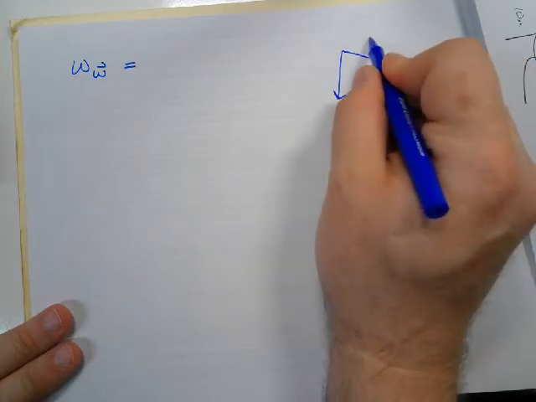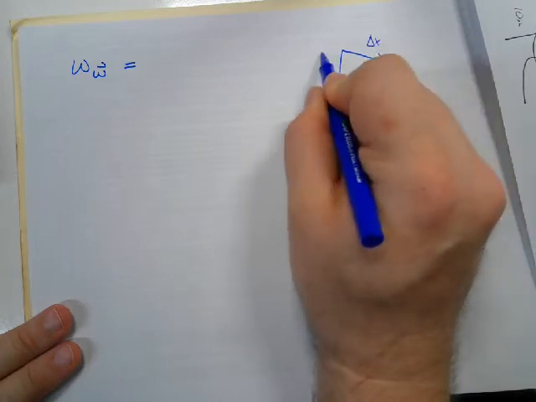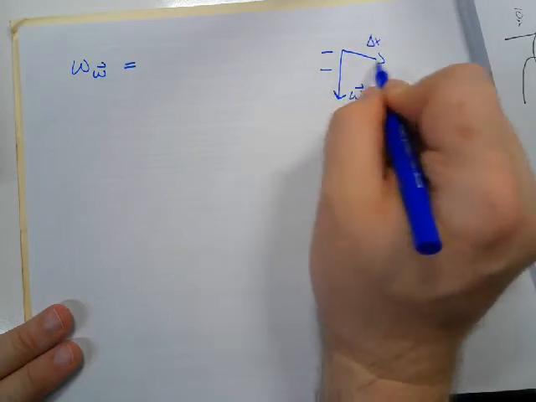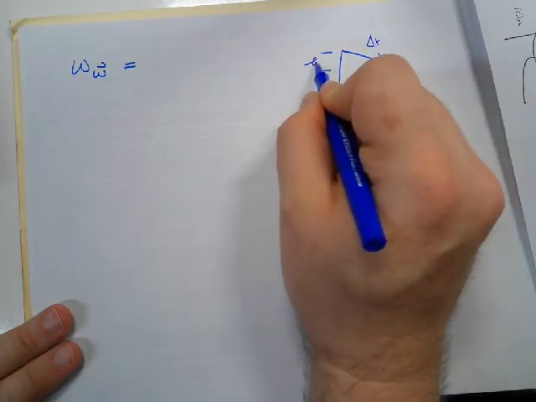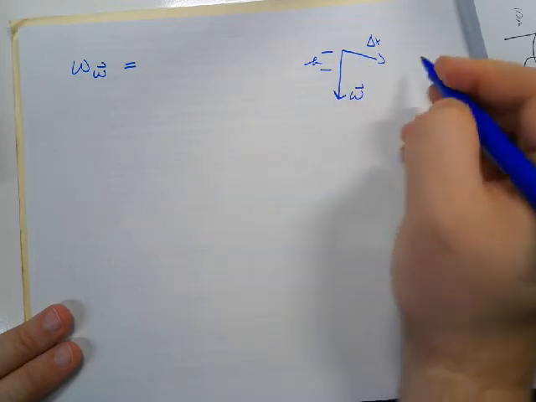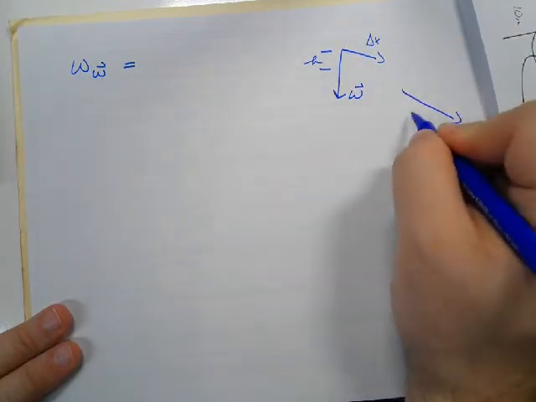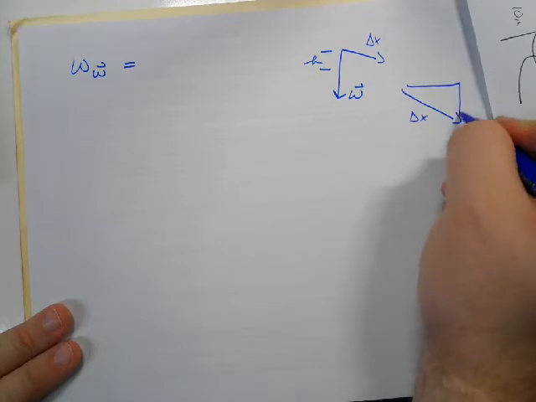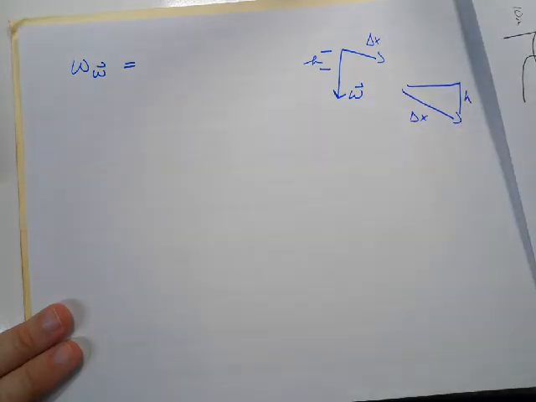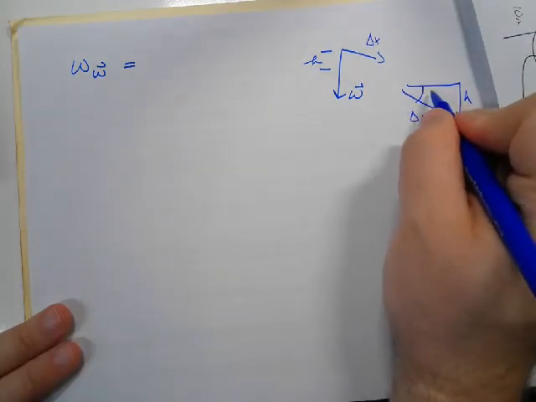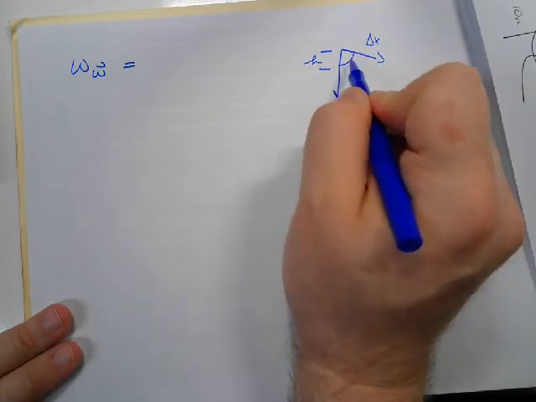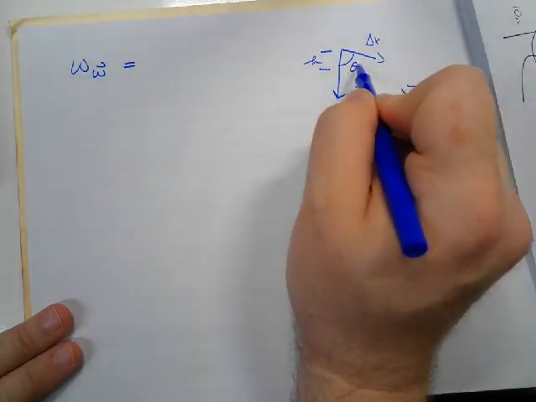We'll call this delta x, but we'll call this component of delta x h. So if this is our delta x, there's our right triangle, this is h. There's an angle here I'll call alpha, and an angle here that'll be theta.